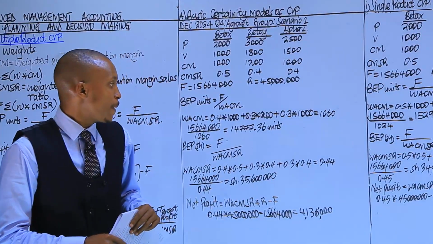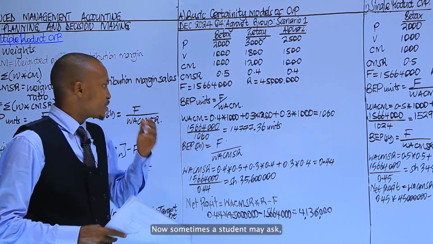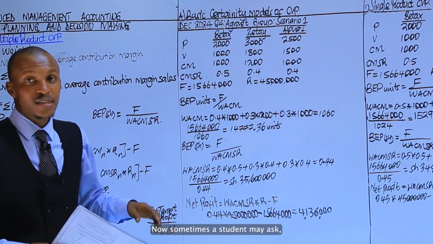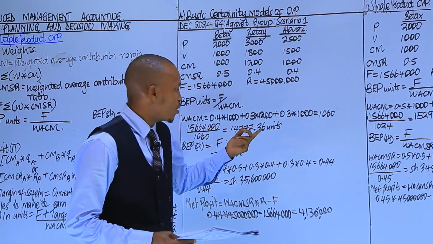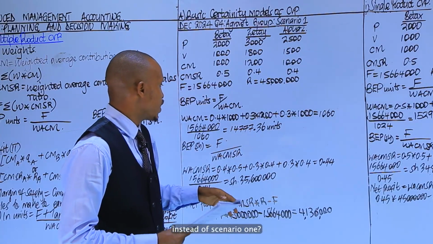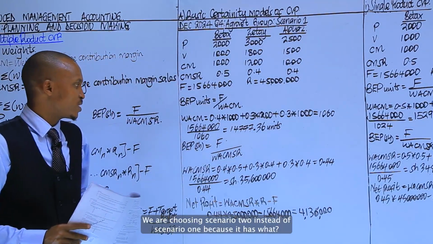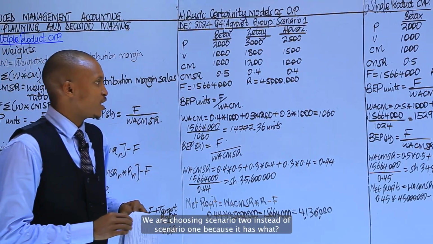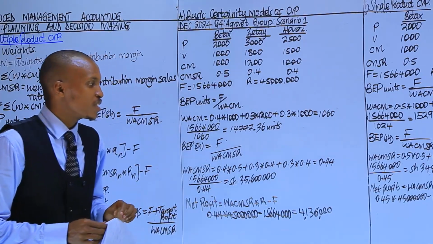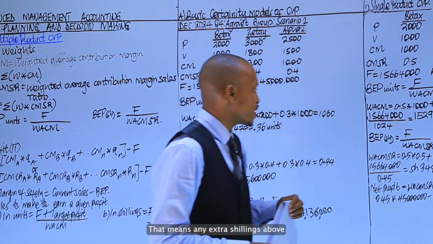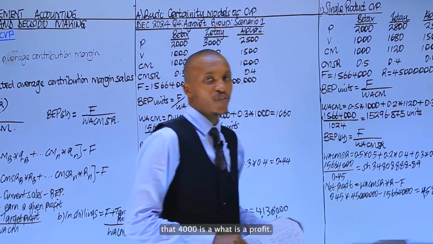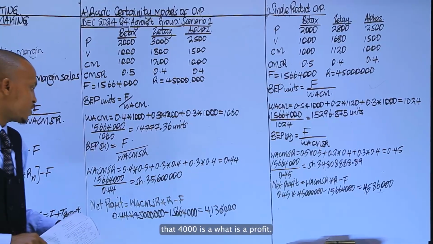Now, sometimes a student may ask, why is it that we are choosing scenario 2 instead of scenario 1? We are choosing scenario 2 instead of scenario 1 because it has fewer shillings. That means any extra shillings above 34 million is a profit.